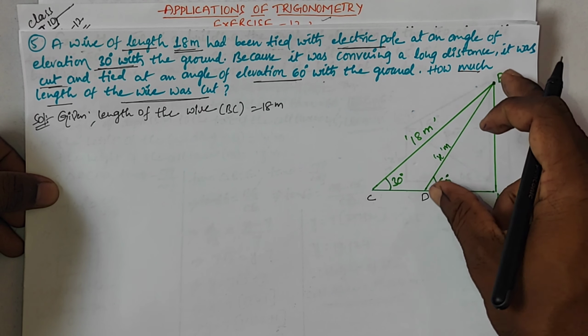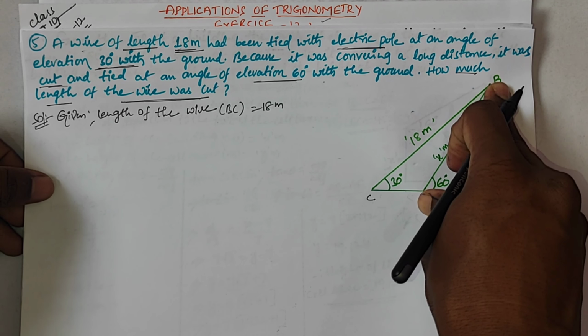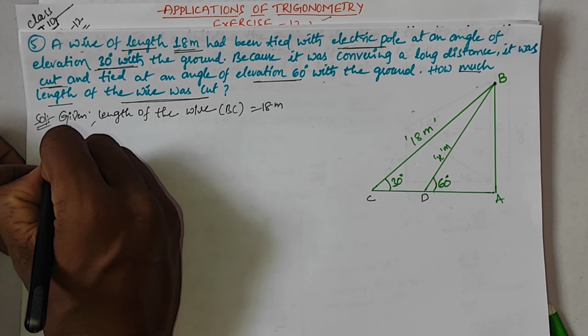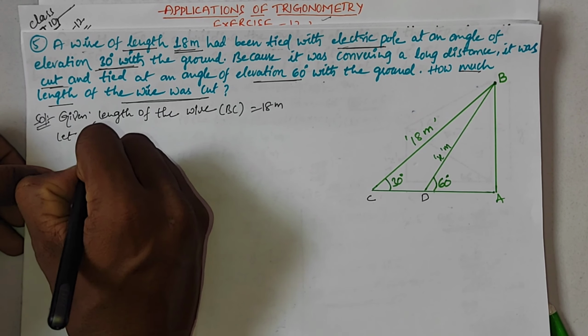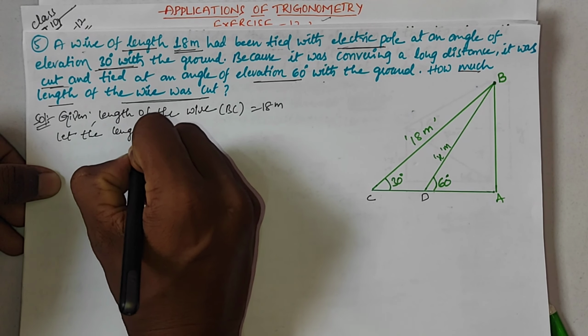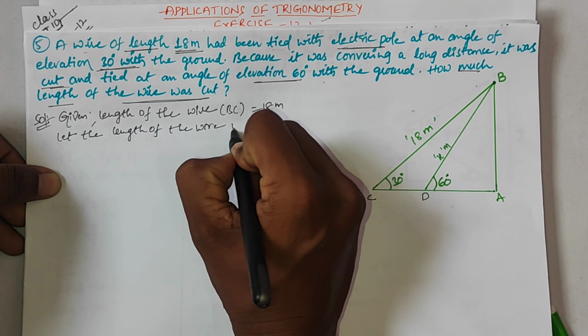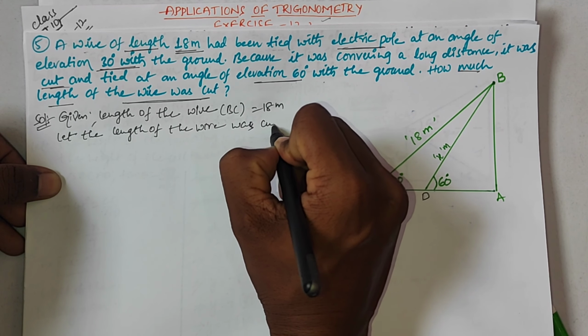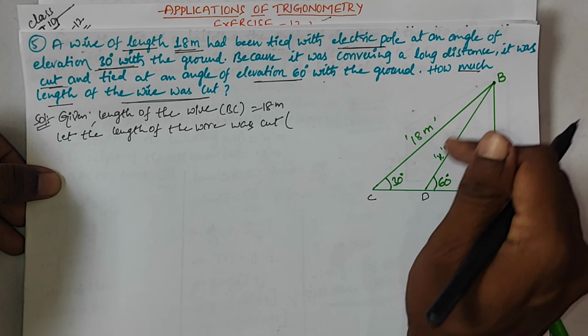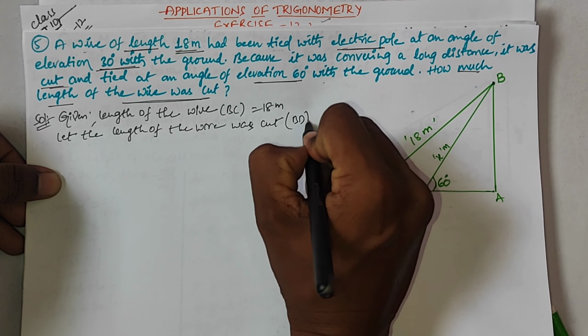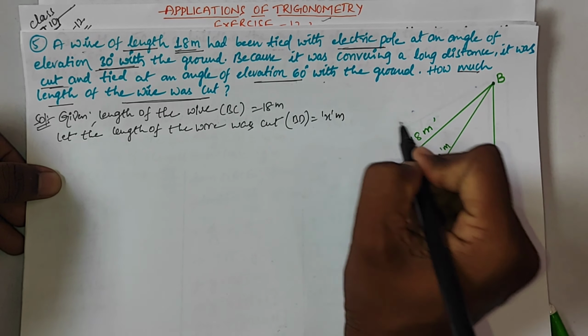Right? And we don't know how much of the wire was cut, right? Let me consider the length of the wire that was cut. Considering here BD is equal to X meters.